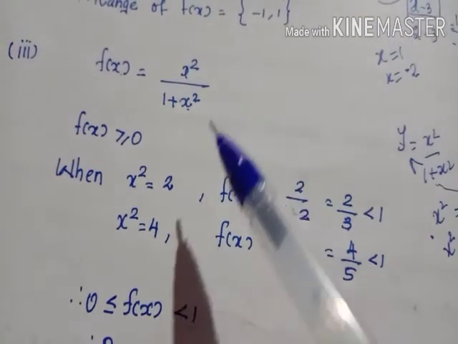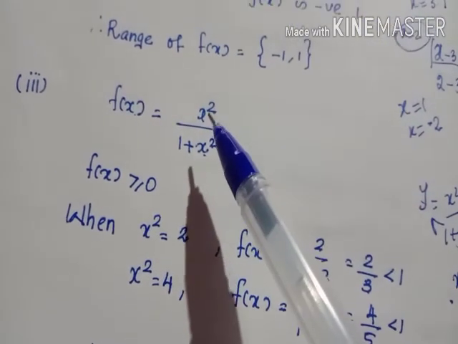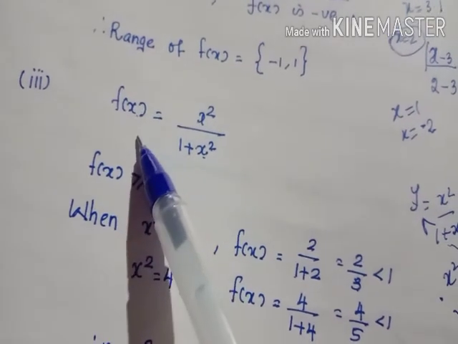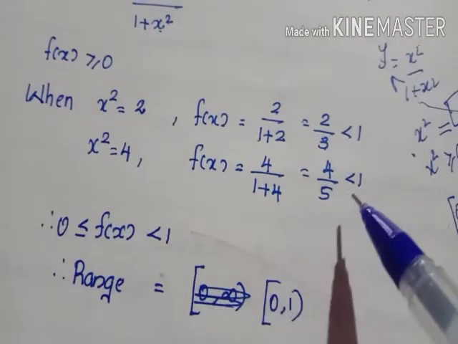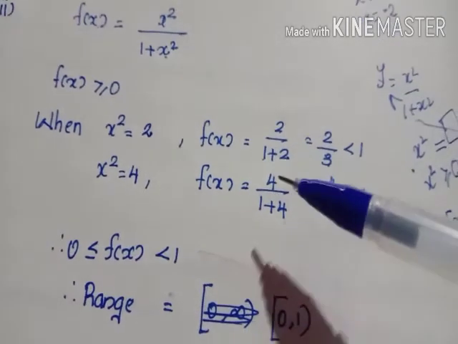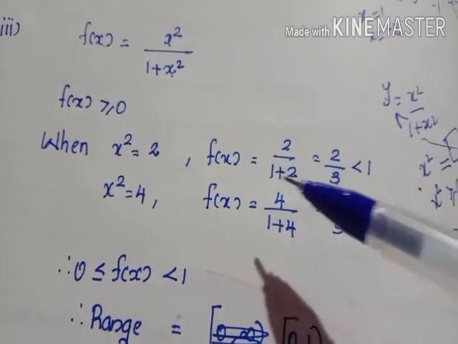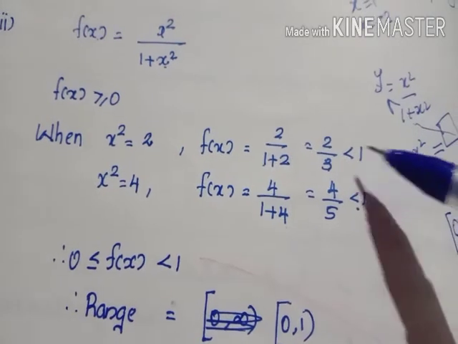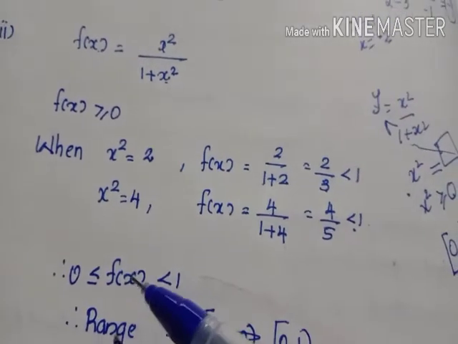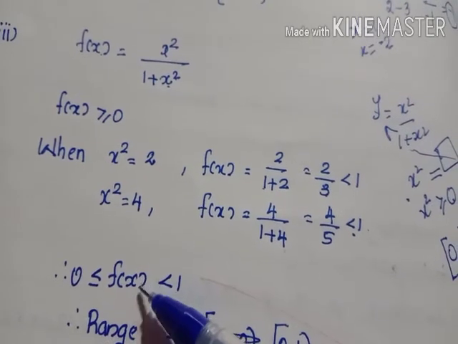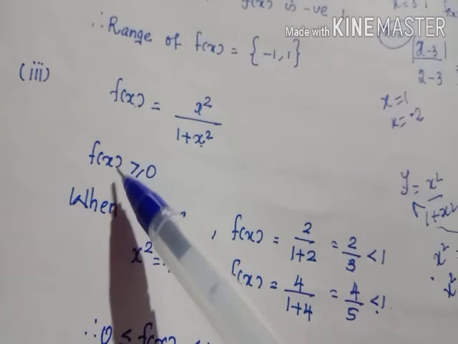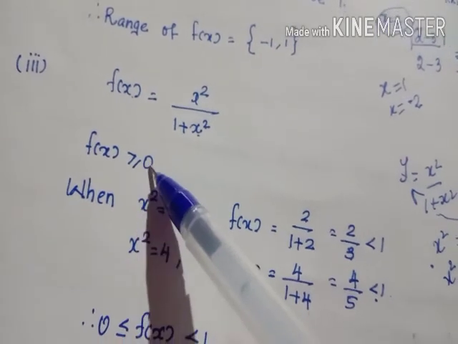So, whatever value we take for x square, you can see that the value of f of x is always less than 1. You can go through the values and verify whether the value of f of x is strictly less than 1 or not. So, the minimum value of f of x is 0 and the supremum is 1.